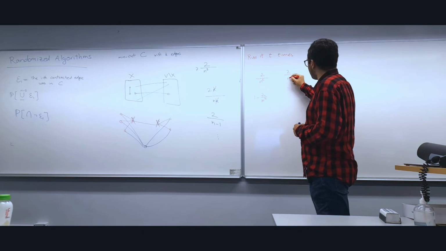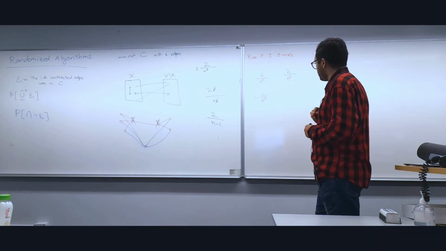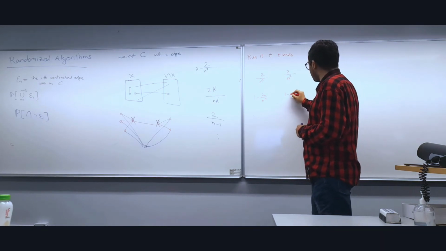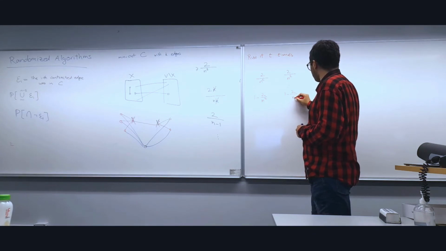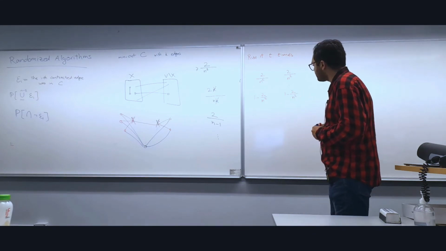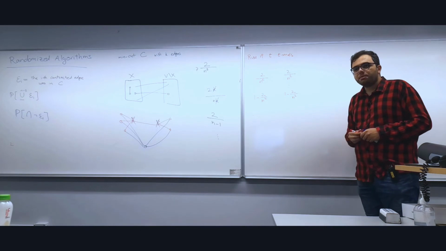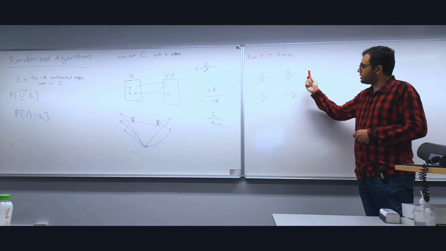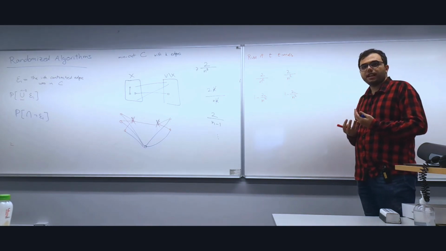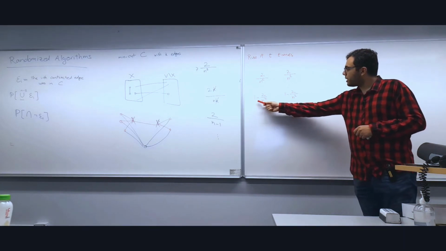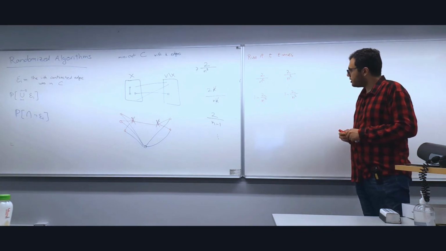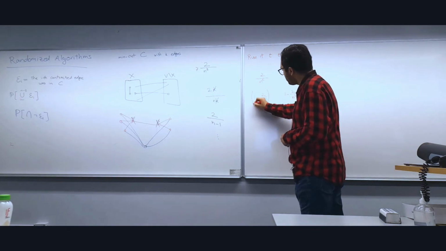I get the right answer with probability 2 over n squared, and I don't get it with probability 1 minus 2 over n squared. So if I want the probability that over t runs, none of them give me the right answer, that would be 1 minus 2 over n squared, all of it to the power of t.